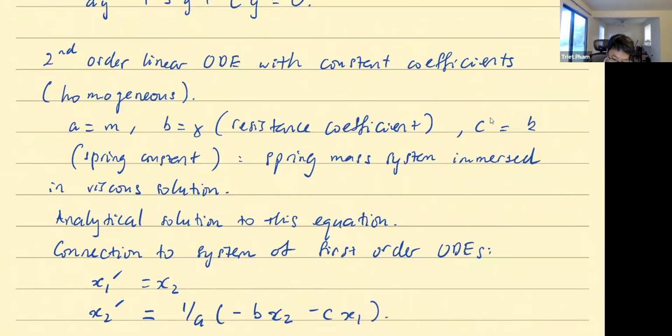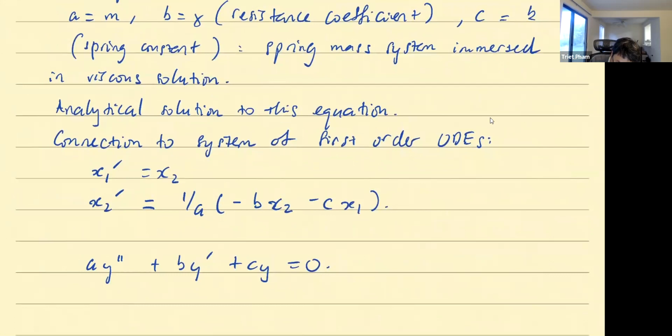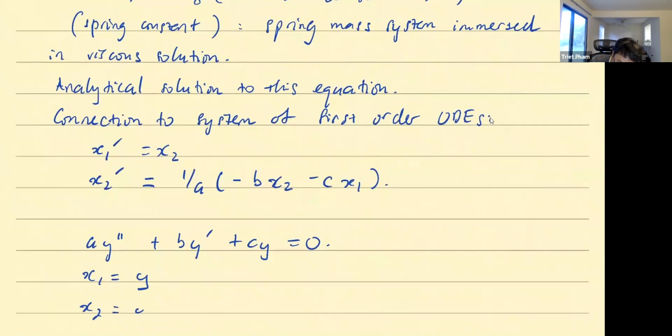Let me write the equation down again: ay double prime plus by prime plus cy is equal to 0. Clearly x1 is equal to y, and x2 is equal to y prime. If you make this substitution, you get the system of first order equations that we can also consider. Anyway, the point of view we adopt here is that of the second order linear equation.